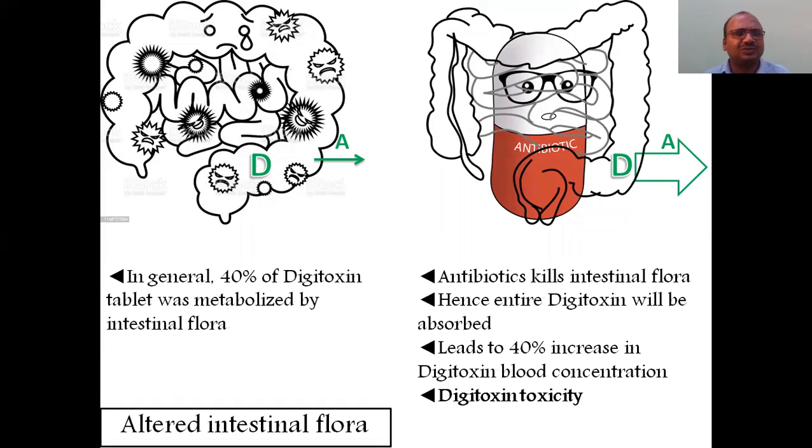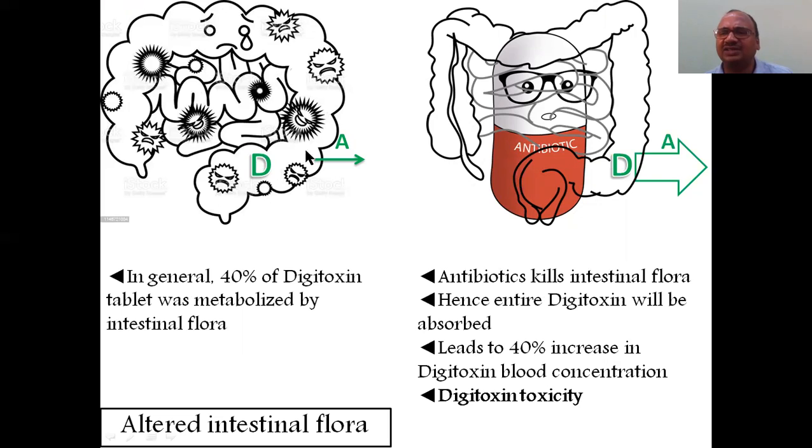Next, number two: altered intestinal flora. Intestinal flora means all the microorganisms which are present in the intestine. That we will see now. Generally, the intestine consists of flora. See here, this is the intestine, large intestine, small intestine, and these are all the microorganisms which are present.